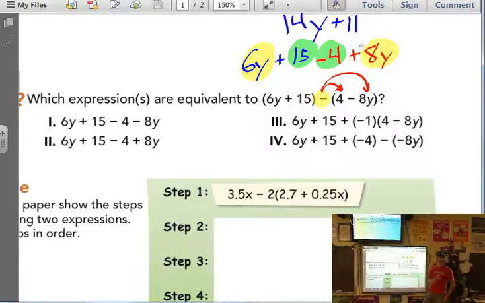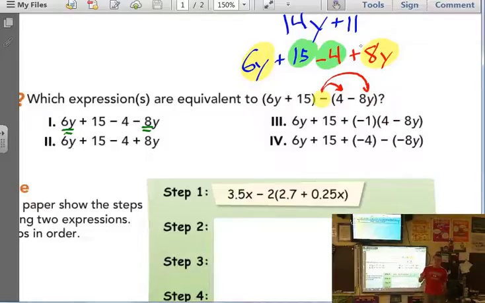So let's look down through here and see which ones work. If I combine my y values here, will I get 14y? If I have 6y and then I subtract 8y from it... here's the trick, and this is where people make their mistakes.